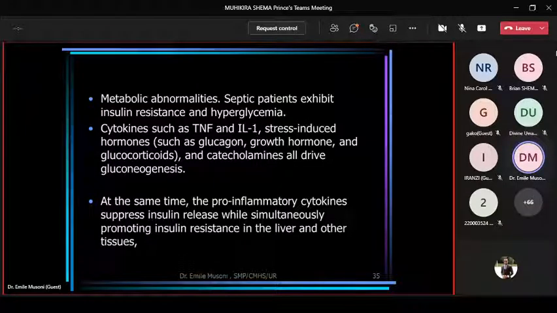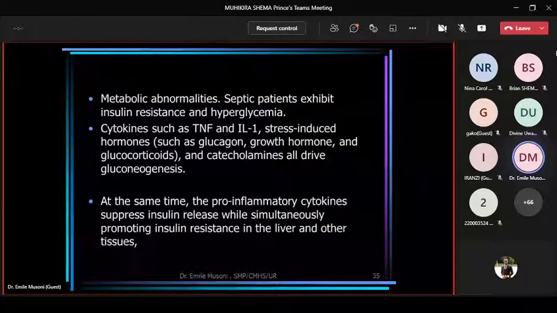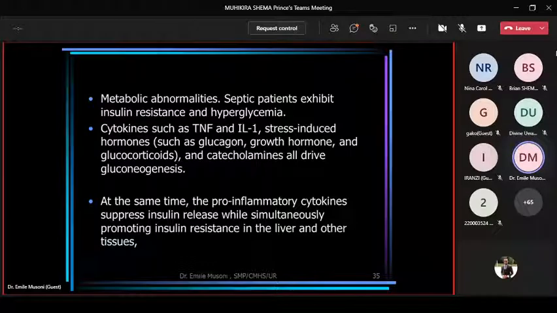Cytokines such as tumor necrosis factor and interleukin-1, and stress-induced hormones like glucagon, glucocorticoid, and catecholamine, will all drive gluconeogenesis. So sepsis can promote insulin resistance via the release of pro-inflammatory cytokines that suppress insulin release, thus promoting insulin resistance in the liver and other tissue.